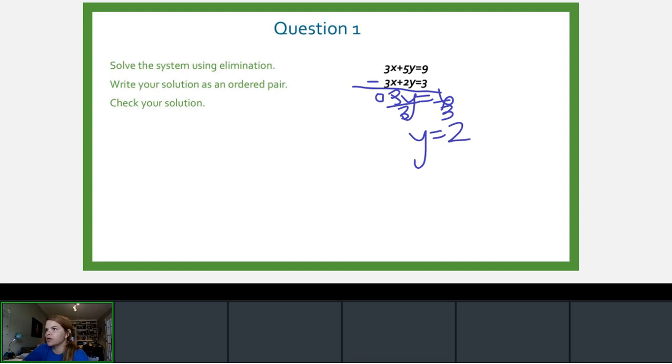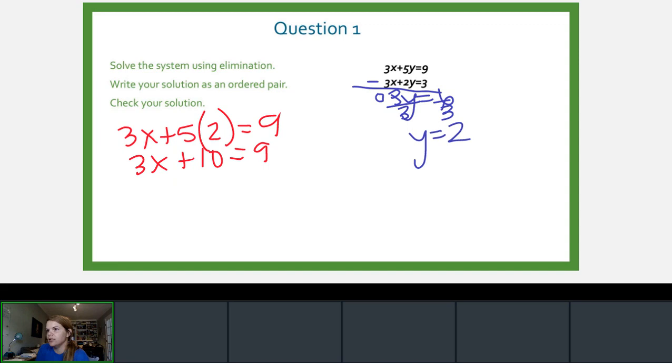Now we're going to use our substitution method. We're still trying to find x, so we have 3x plus 5, and instead of y, we know that y is 2. So 5 times 2, 3x plus 10 equals 9.